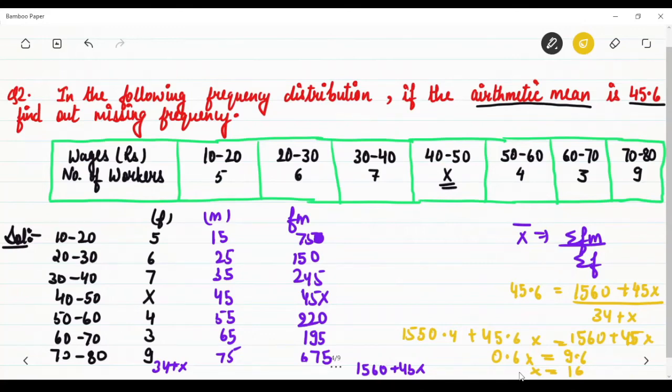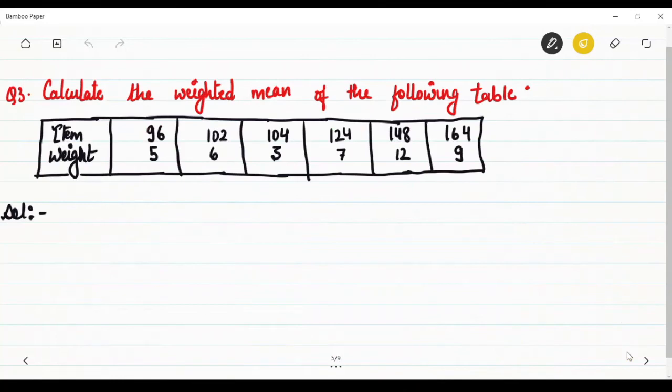Now here we need to calculate the weighted mean. So how to calculate the weighted mean? I would like to first write down the formula used to calculate it. Here weighted mean equals sigma weight into x upon sigma weight. This is the simplest formula in this topic, so it makes the calculation much easier.